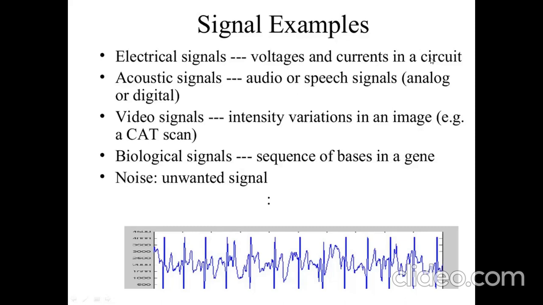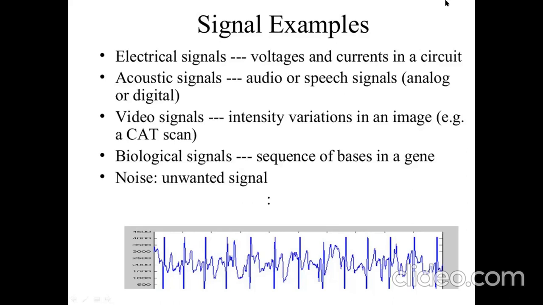Similarly, biological signal: a biological signal is a sequence of bases in genetics. Generally, ECG, EEG, EMG are different biological signals that we can find. Also, noise is an unwanted signal.